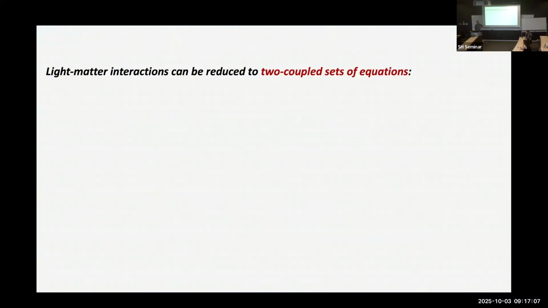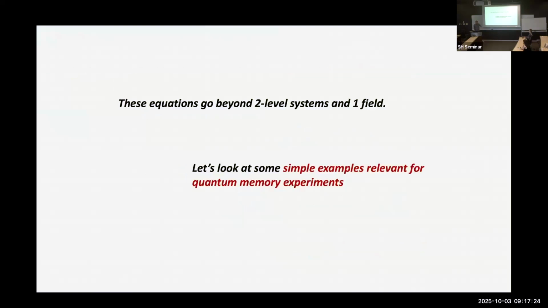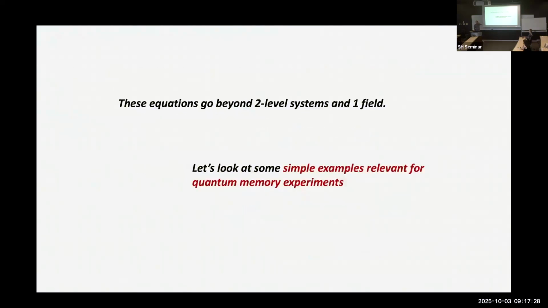Most light matter interactions can be reduced to these 2 coupled sets of equations, the optical Bloch equations and the Maxwell-Schrödinger equations, which in essence is a system of ordinary differential equations coupled to a PDE.